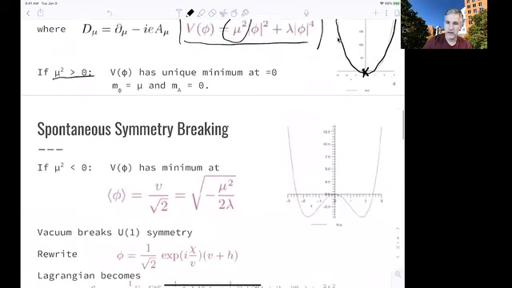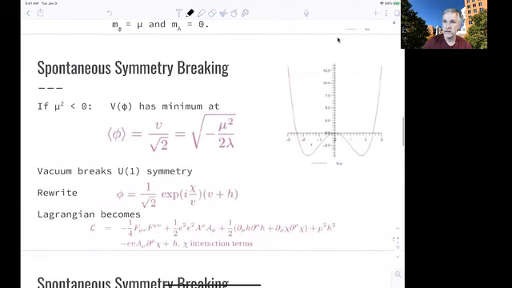But what happens now if we have, through this potential, a breaking of the symmetry? So in this case here, the vacuum itself, the lowest energy state, breaks the symmetry. You go away from the 0 point and you're breaking the symmetry. So this minimum is at V over square root 2.